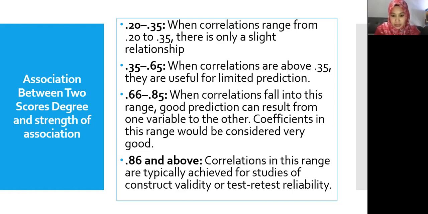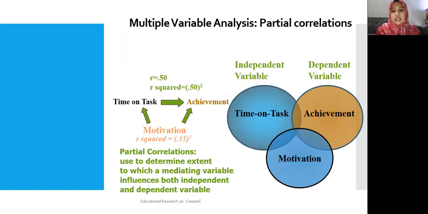Okay, and then for the others, you can read by yourself ya. Jadi range dari ini setelah kita mengkalkulasi hasil R-nya berapa, kemudian kita lihat dari association ini dia masuk ke kategori apa? Apakah relationship-nya bagus atau kurang bagus? Nah, bisa dilihat dari sini. Okay, next please.